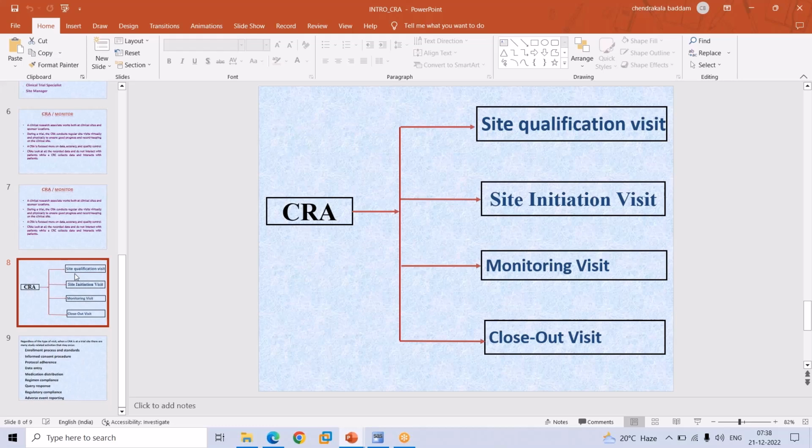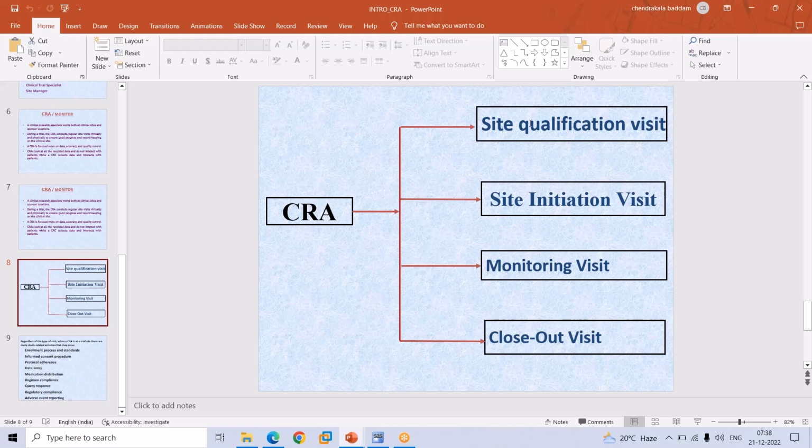CRA visits are categorized into 4 types: site qualification visit, site initiation visit, monitoring visit, closeout visit. The qualification visit is done before you select the study site.